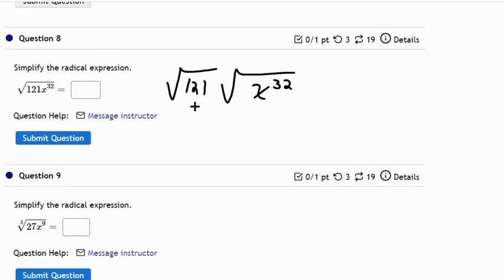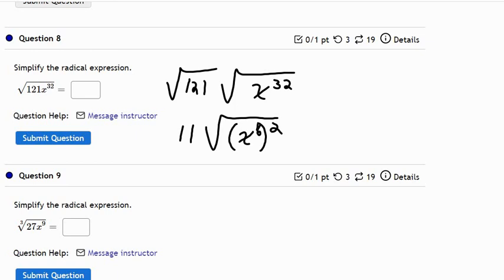I know the square root of 121 is 11. But then for the square root of x to the 32nd, I have to think of what power of x I need to square to get x to the 32nd power. Once again, all I really have to do is divide the 32 by the 2 index for this radical. 32 divided by 2 is 16. So x to the 16th goes on the inside here.